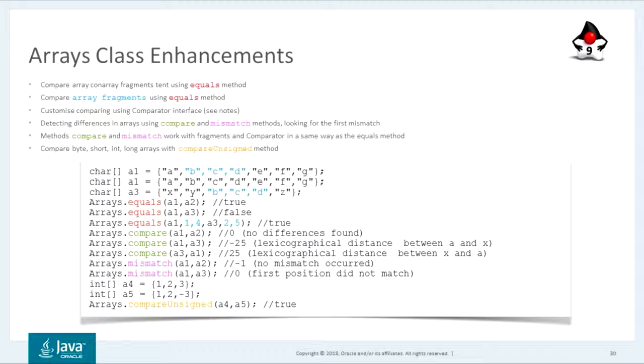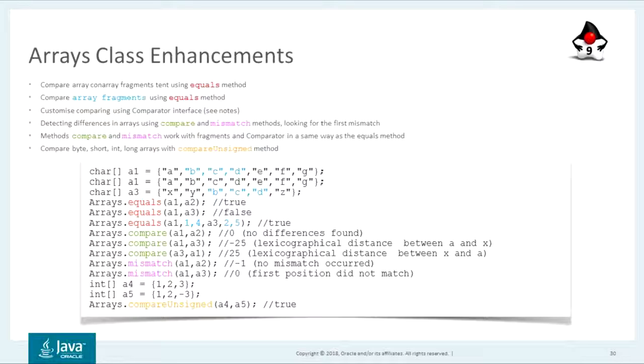The other interesting permutation of that particular technique is a method called compare and mismatch. They allow us to judge differences between arrays by looking at just the first mismatch. So compare allows you to find where the diff is, basically, and what the diff is. Mismatch will tell you whether a mismatch has occurred or not, like -1 if no mismatch occurred, or the specific position at which the mismatch occurred.